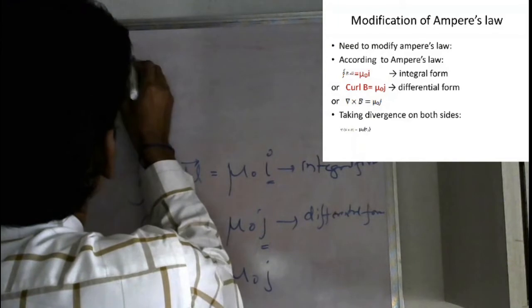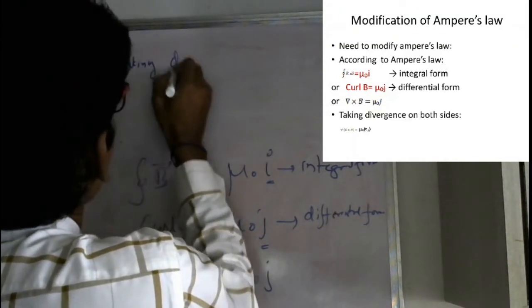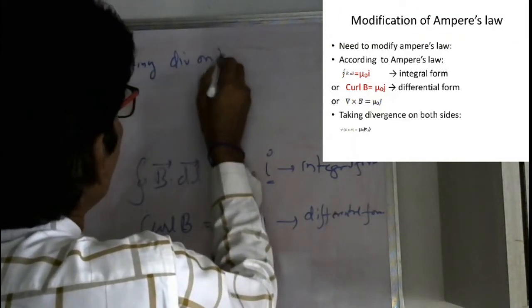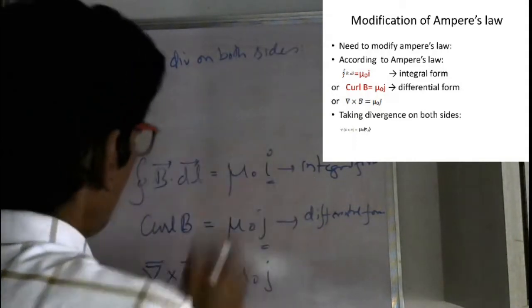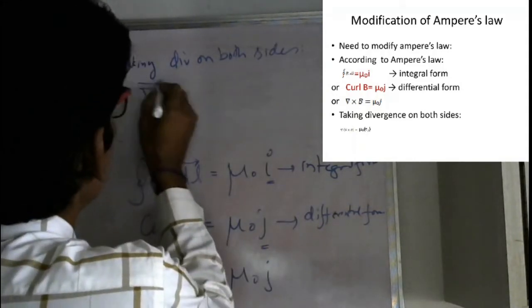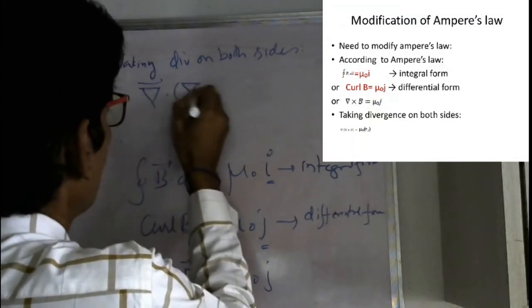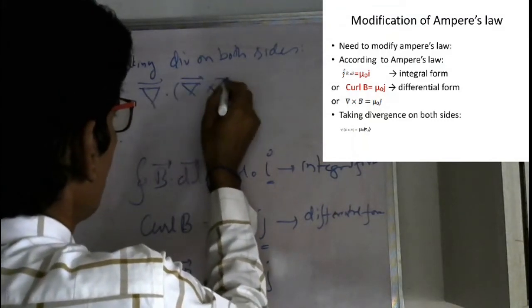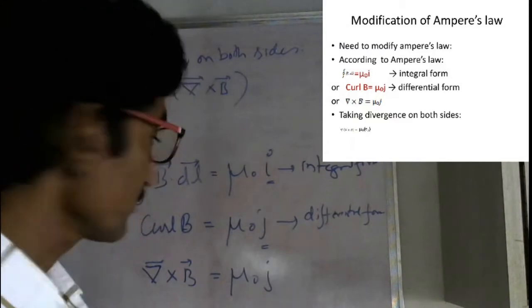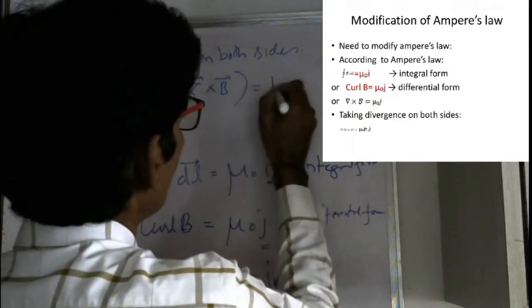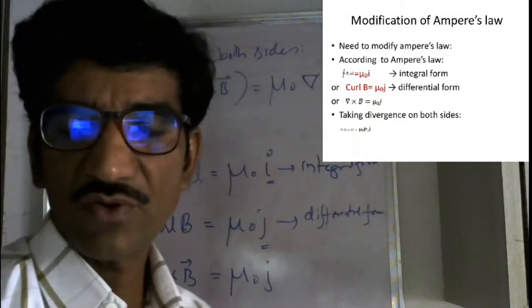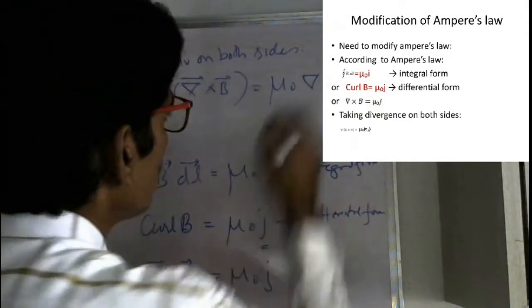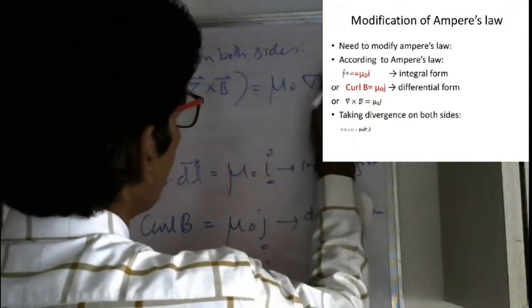Taking divergence on both sides, what happens here? Del dot del cross B is equal to μ naught del dot J.